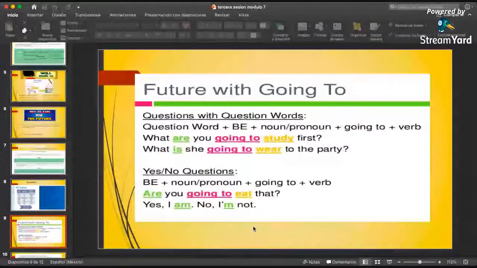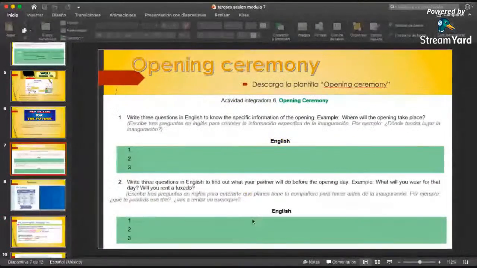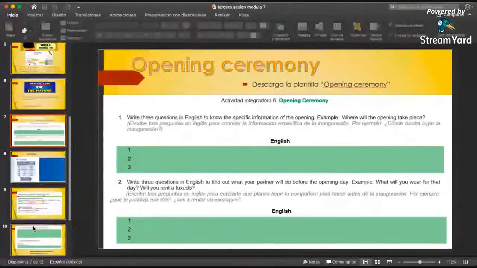What is she going to wear? These are the information questions. And you also have yes/no questions. For example, this one: are you going to eat that? ¿Te vas a comer eso? Yes, I am, or no, I'm not. So this is the structure you have to use in this section for the questions.